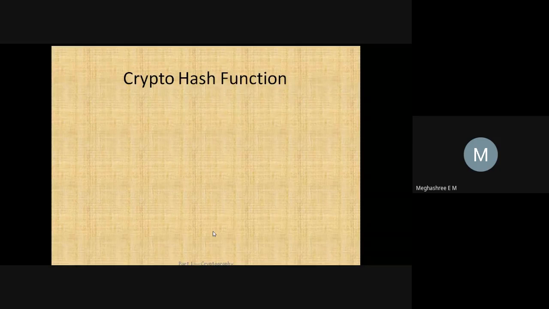I'll repeat: the first is compression, second is efficiency, third is one way, the fourth is weak collision resistance, and the last is strong collision resistance. If any function possesses these characteristics, then we can call it a hash function. We'll see each characteristic now.